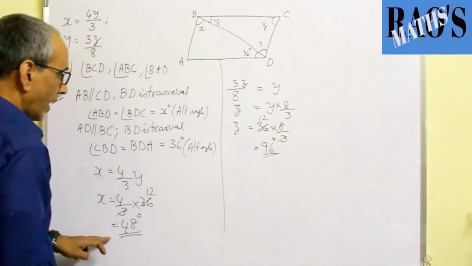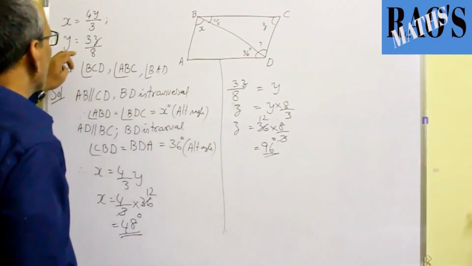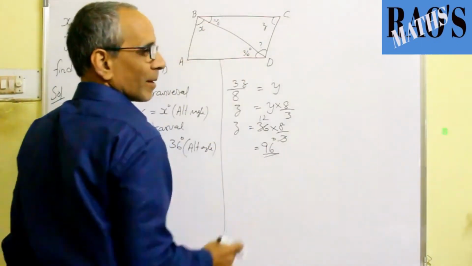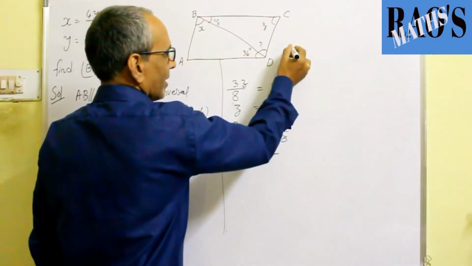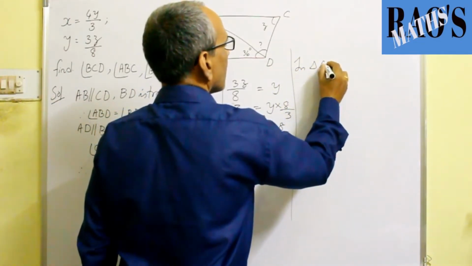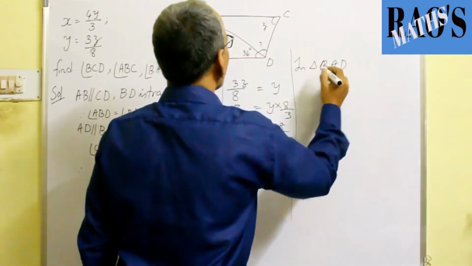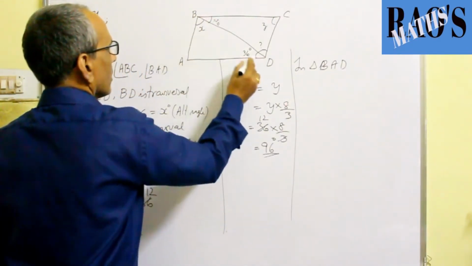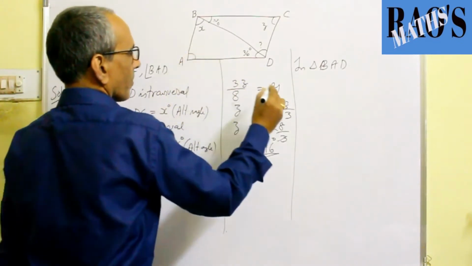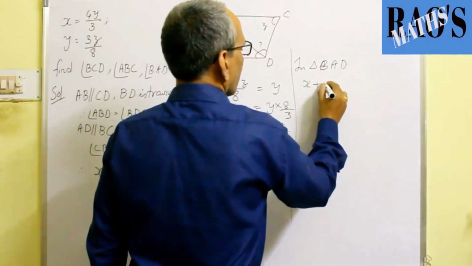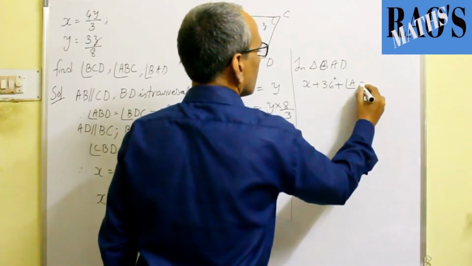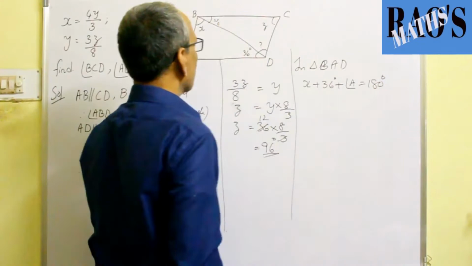We got x and z, and also we know y, that is 36. Now I take this triangle BAD. In triangle BAD, we have x, 36 and angle A. X plus 36 plus angle A together is 180, because of the angle sum property.